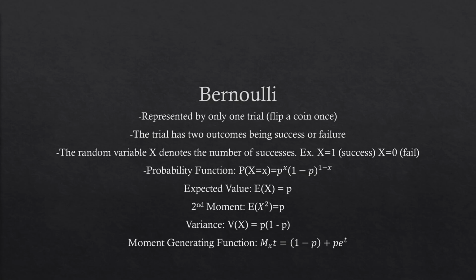For this one, because you're flipping a coin one time, this probability of success is still going to be your p. Same with the second moment, and your variance, which is just E of X squared minus your expected value all squared. And the moment generating function I can make a different video on later to do the proof of all the distributions.